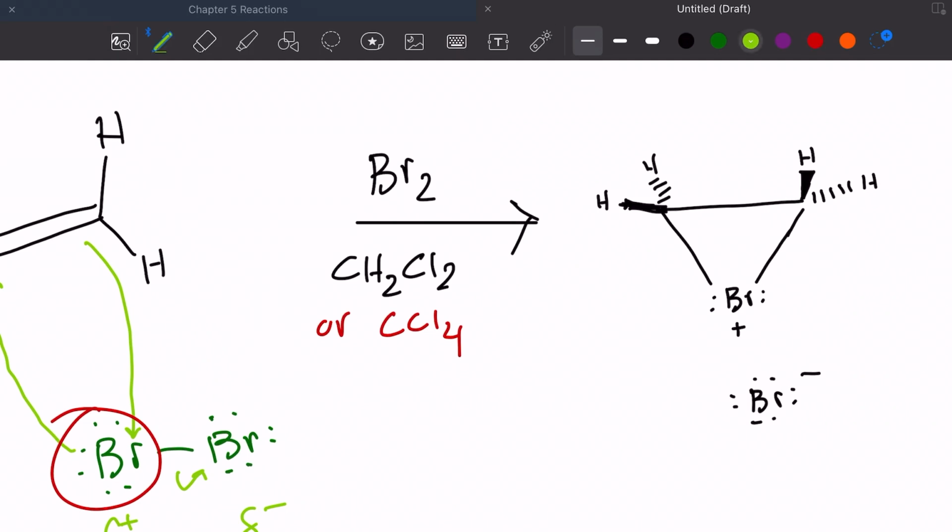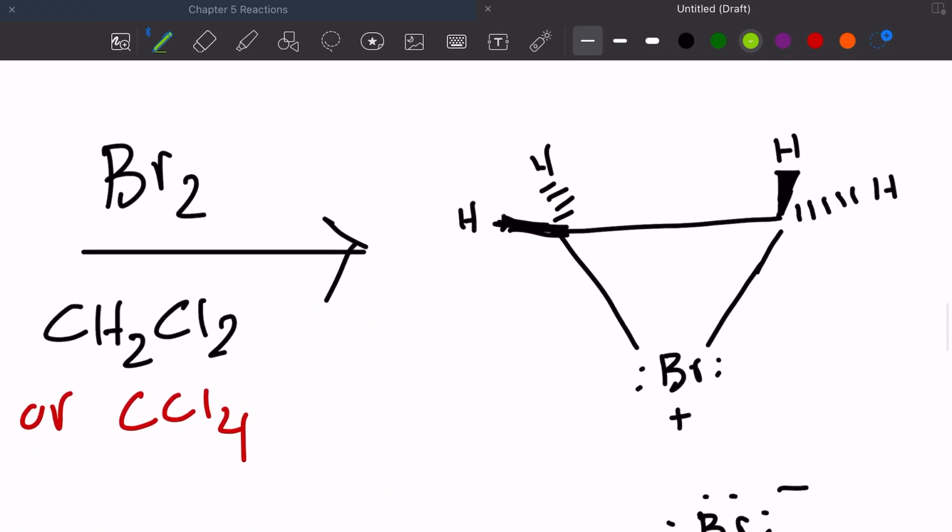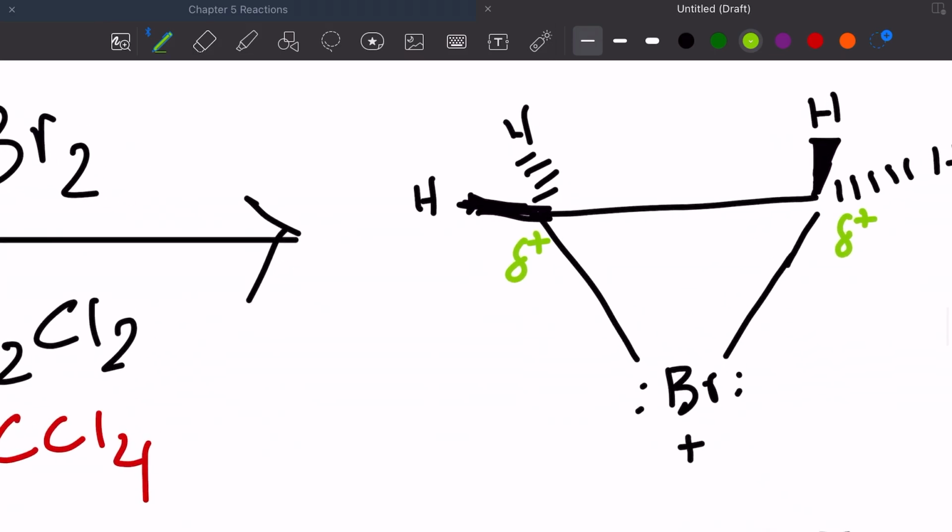And we also know that these two carbons attached to the bromine are both going to be partial positives, but you want to add to the carbocation that is more stabilized because it can better hold a positive charge. In this case, the carbons that the bromine is attached to are both the same carbocation.